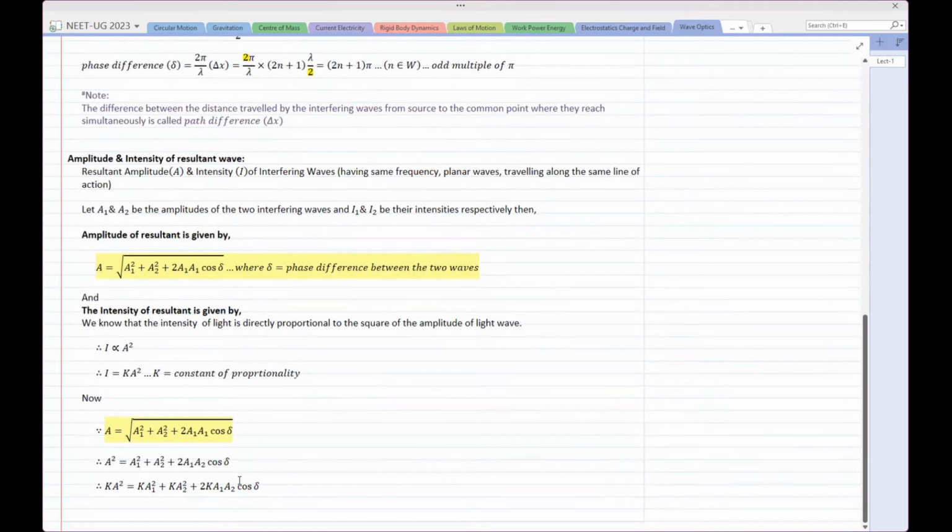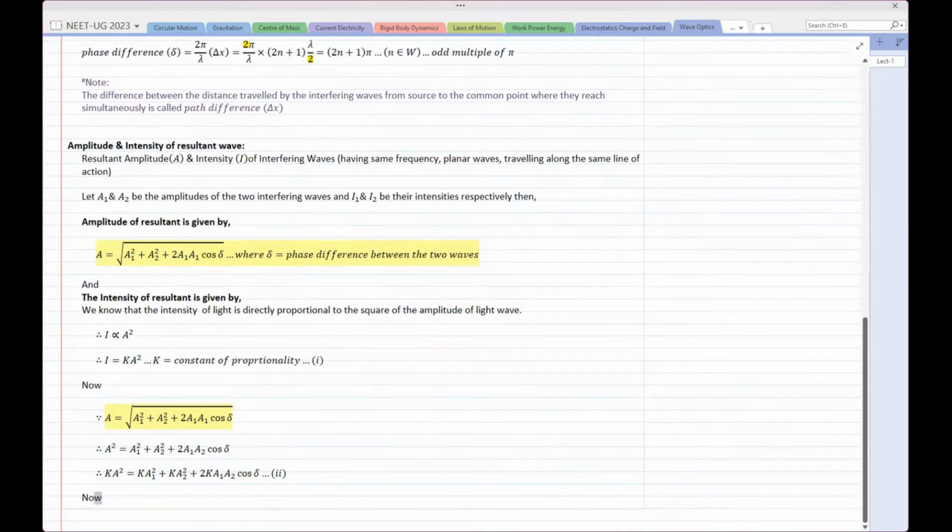Now if you do this, then from 1 and 2, what we can do? You can call it 1 and you can call this 2. So from 1 and 2, what mathematical conclusion we get? I is equal to I1 square plus I2 square plus वो एक तीसरा टर्म खाली important है.